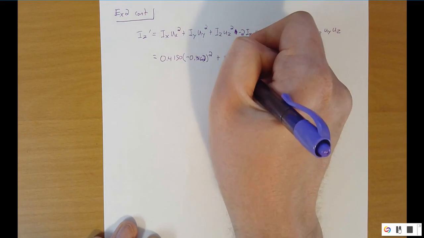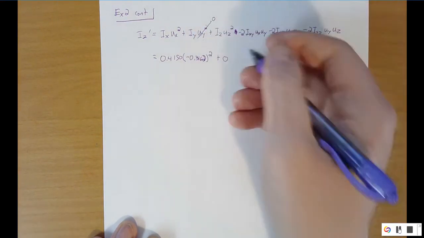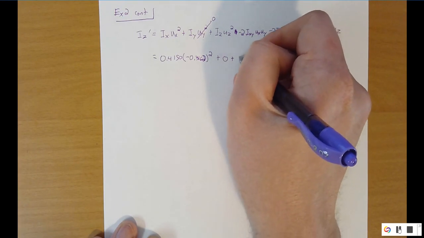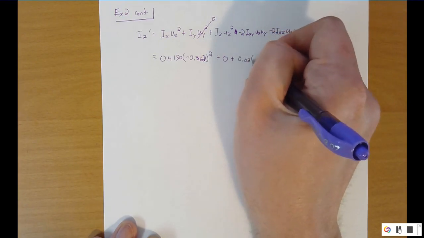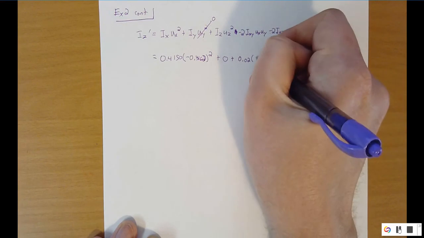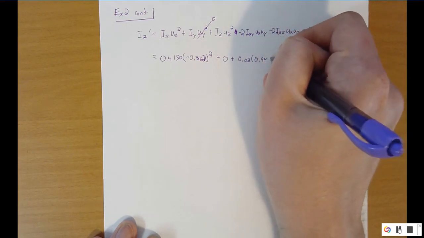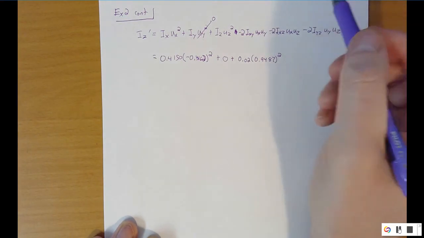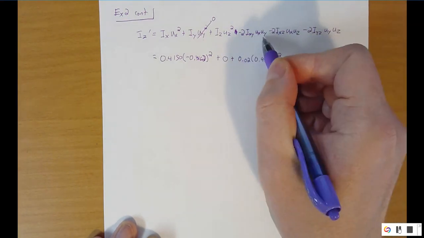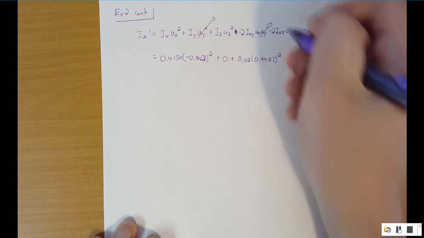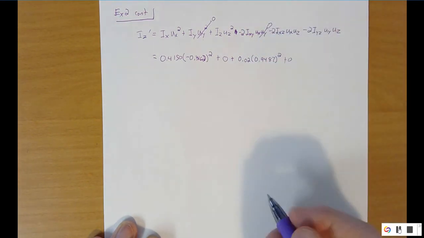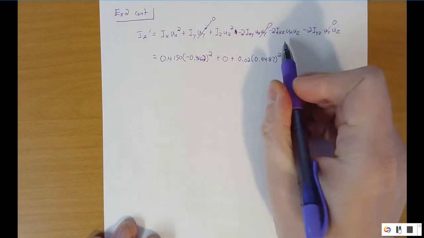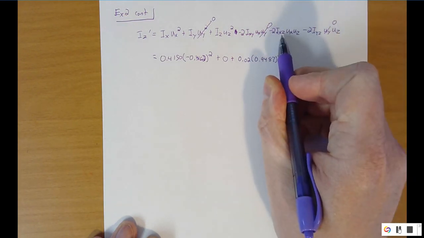Our iz is 0.02, and then our u of z is 0.9487 squared. And then I get over here to these. So this one goes away because I have a u of y. Same thing's going to happen over here with this one. I'm going to get a 0. And then this one will zero out because my ixz is 0.